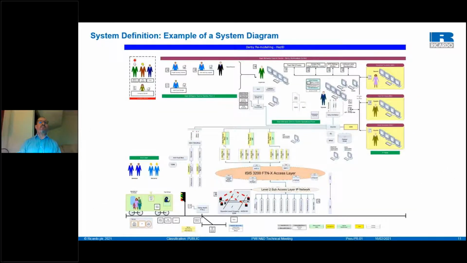One of the interesting components of system definition is often a diagrammatic representation of the system that you're changing. This particular example is for a very large multidisciplinary station area upgrade. There's a lot of information here, but it shows where you have a number of human interfaces in a signaling center that interface with electronic signaling equipment, interlocking, and communications equipment.